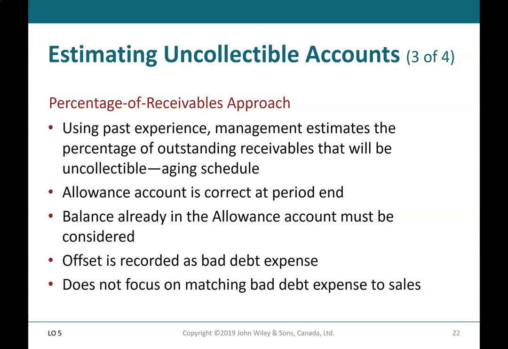Estimating uncollectible accounts, 3 of 4, percentage of receivables approach. Using past experience, management estimates the percentage of outstanding receivables that will be uncollectible with an aging schedule. The allowance account is correct at period end. The balance already in the allowance account must be considered. The offset is recorded as bad debt expense. It does not focus on matching bad debt expense to sales.